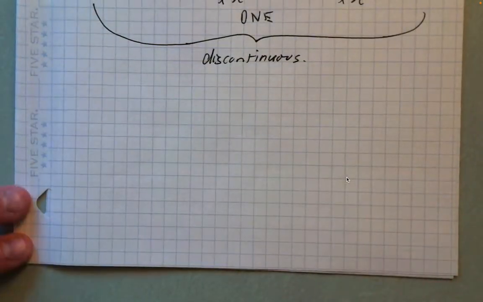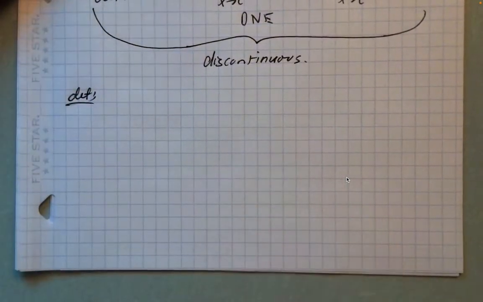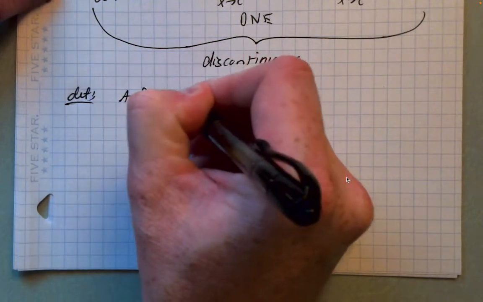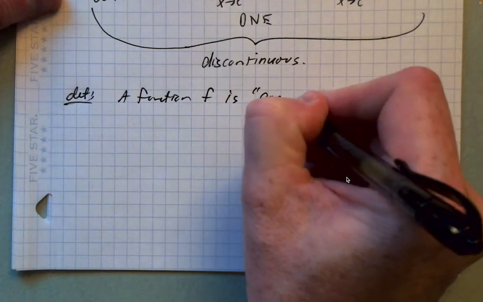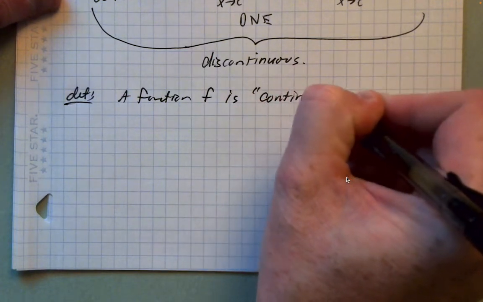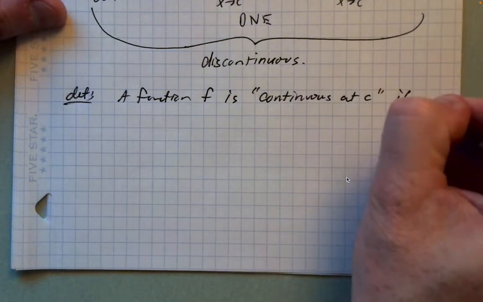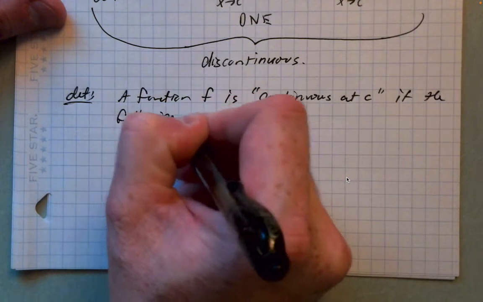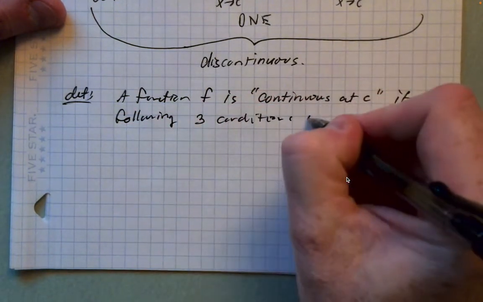Okay, so let's crank out a definition here. What we're saying is, here's a function f. f is continuous at c if the following three conditions are met.